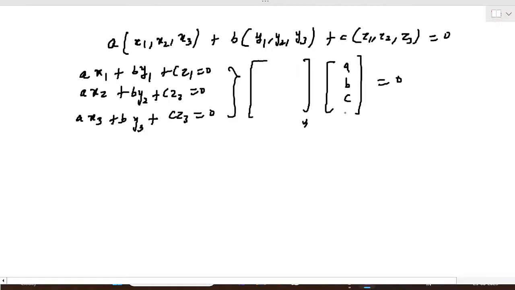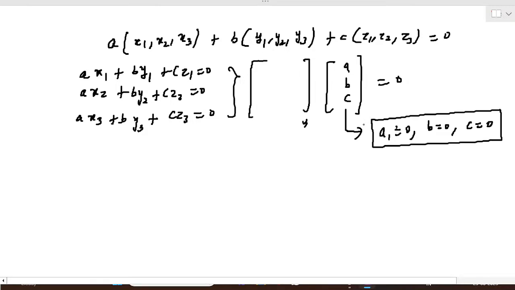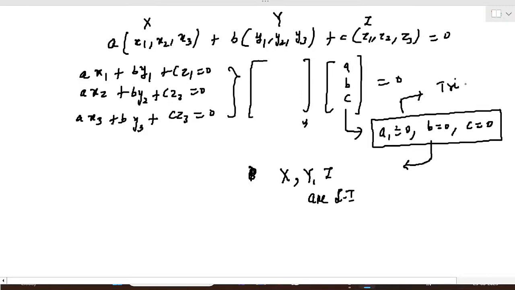Now if I get from this matrix a equal to 0, b equal to 0, c equal to 0, if I get all of them equal to 0, only then it makes sense that these sets, let's say this is x, this is y, and let's say this is z, only then I can say that x, y, z are linearly independent. See, only if I get a trivial solution.